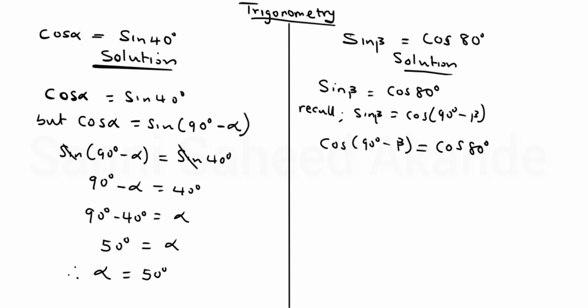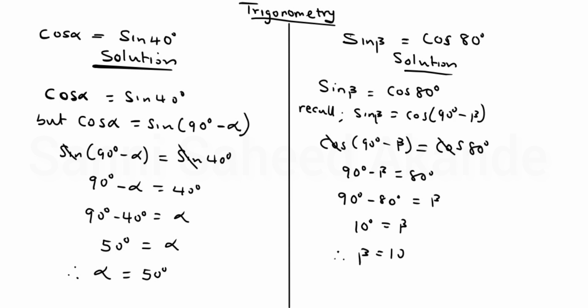When the cos take care of each other, we have 90 degrees minus beta equal to 80 degrees. When you collect the like terms, you have 90 degrees minus 80 degrees equal to beta. Then 90 degrees minus 80 degrees gives us 10 degrees equal to beta. Therefore beta is equal to 10 degrees.